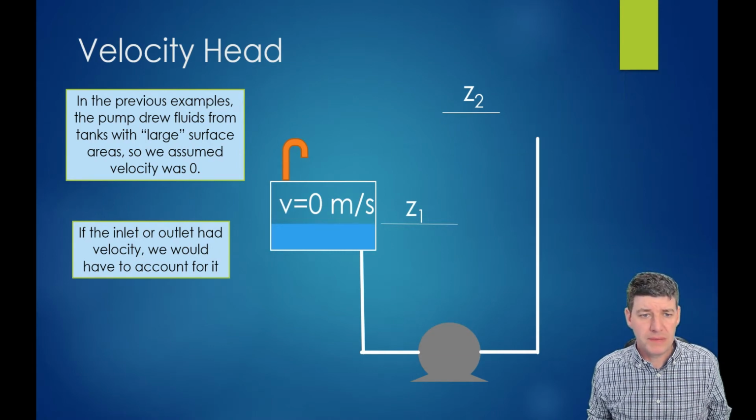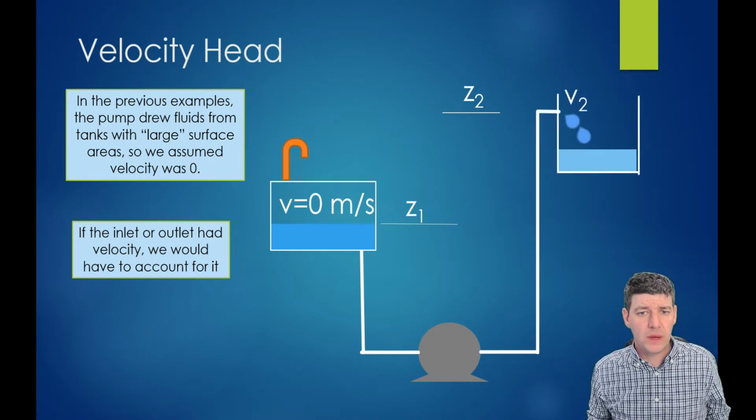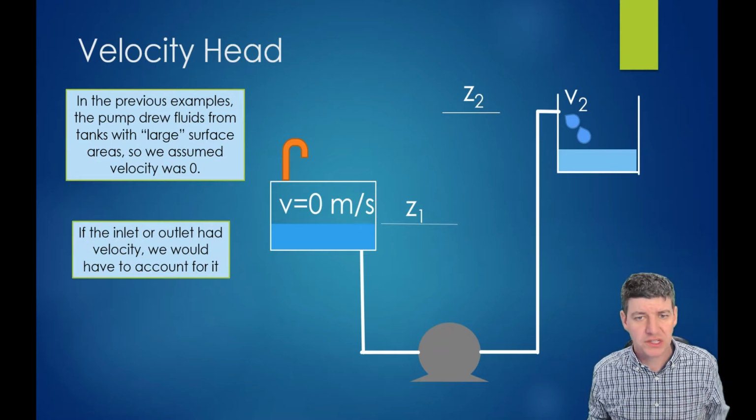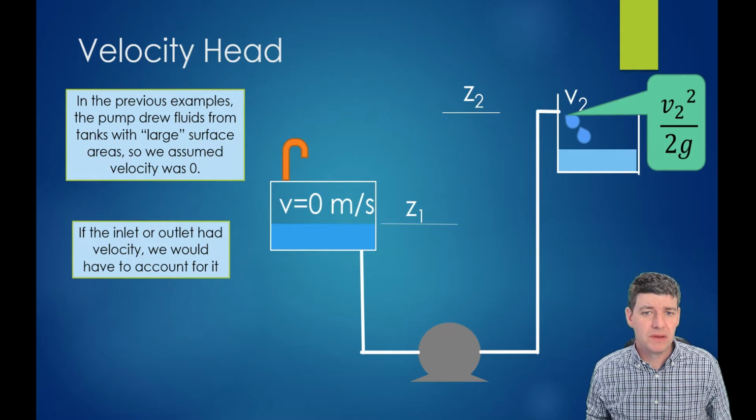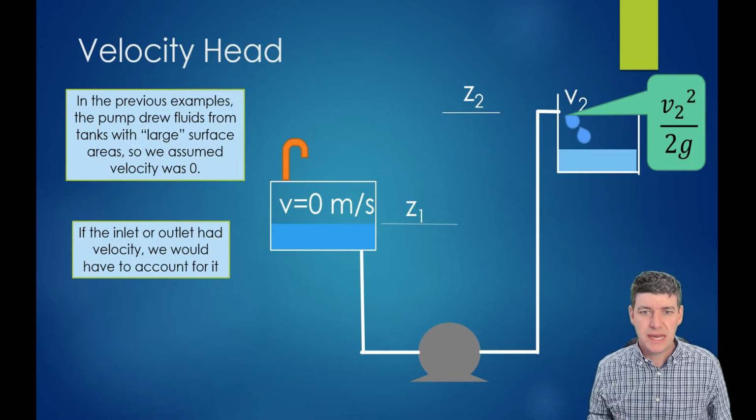So maybe on our discharge, we have an open pipe that discharges to a tank. Well, at that point, we would have some velocity of that fluid leaving the system, and we'd have to account for our velocity head.